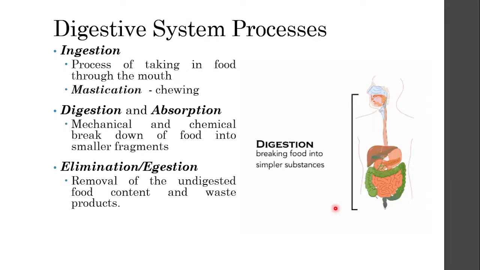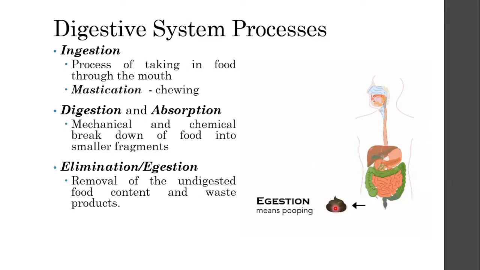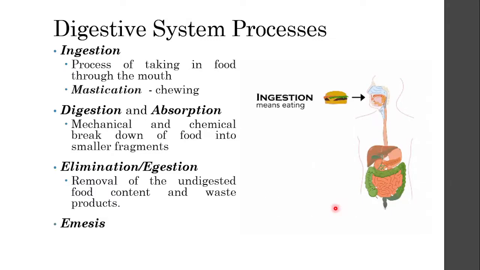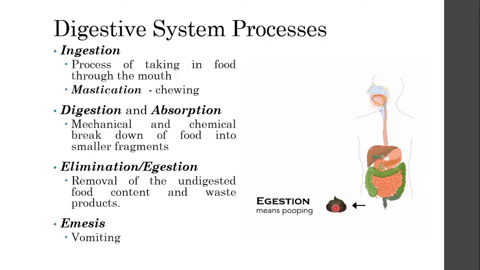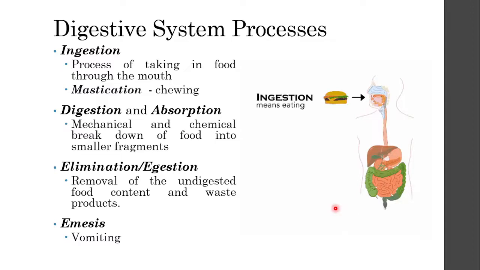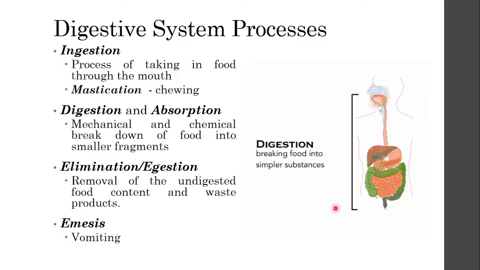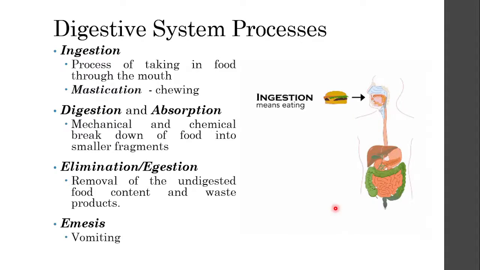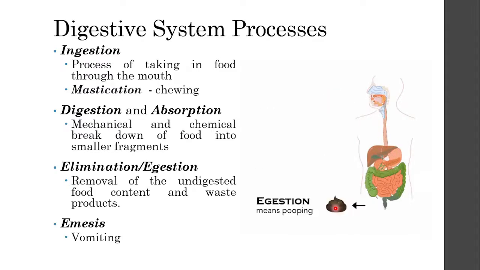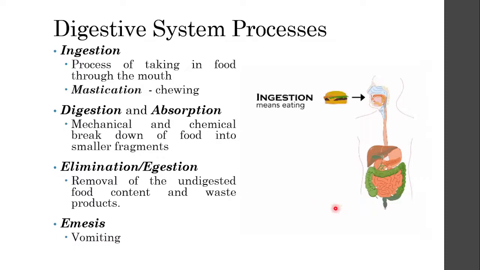And then there's another part of the digestive system process that is very helpful, called emesis. Emesis is forceful vomiting. Please do not confuse it with those who have bulimia, where they binge eat and binge purge, meaning they eat a lot and then they vomit everything.